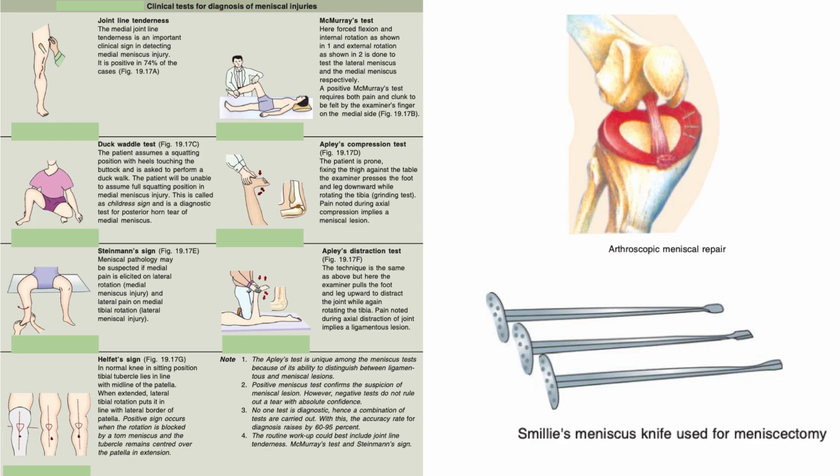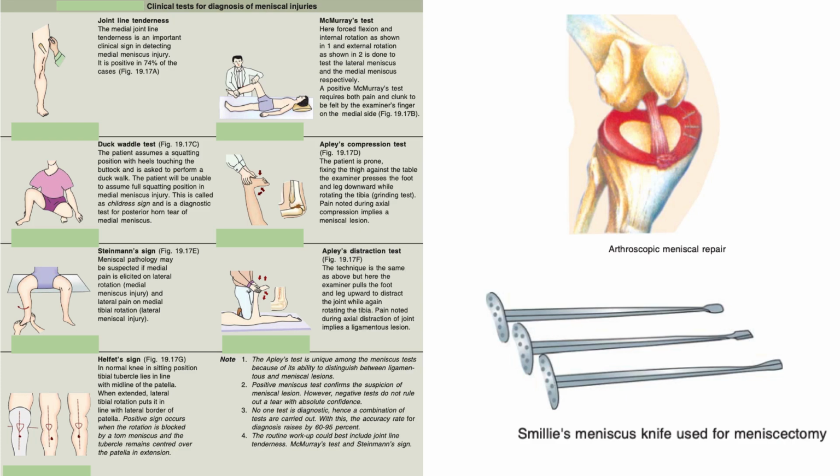Here the full flexion and internal rotation are shown as shown in one, and external rotation as shown in two. It's done to test the lateral meniscus and the medial meniscus respectively. A positive McMurray test requires both a knee pain and a click to be felt by the examiner's finger on the medial side.